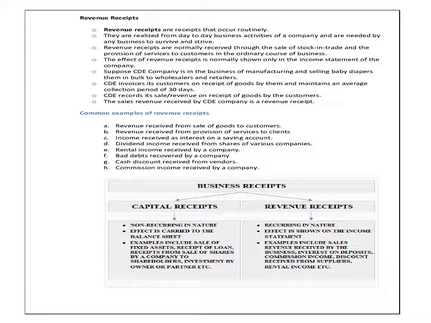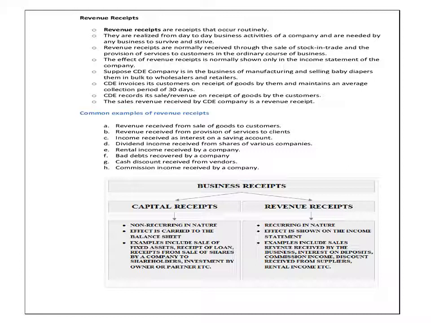If in the question they ask you to find whether it is a capital receipt or a revenue receipt, you have to run through all these points. First you have to ask yourself whether this transaction is recurring or non-recurring in nature. What is the meaning of recurring? It is happening on a day-to-day basis.